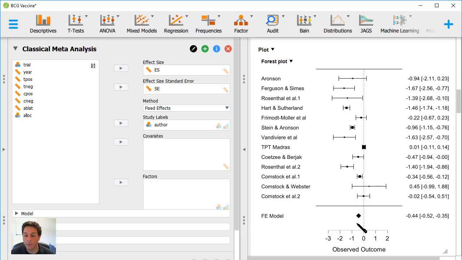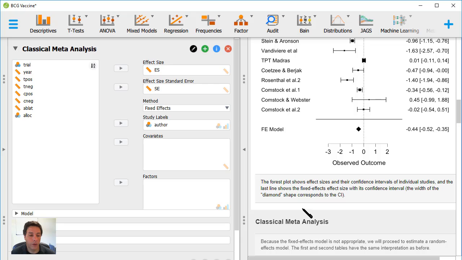So yes, it is negative, and the confidence interval doesn't touch 0, so we can have a degree of certainty that the effect size is negative. Numerically, the point estimate is negative 0.44 with a confidence interval of negative 0.52 and negative 0.35.